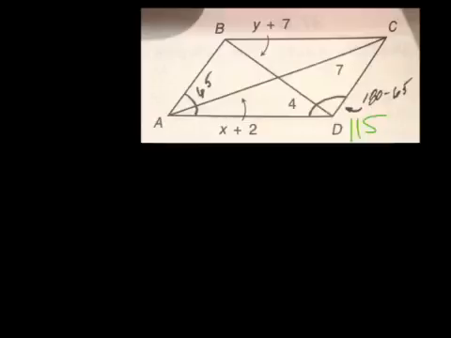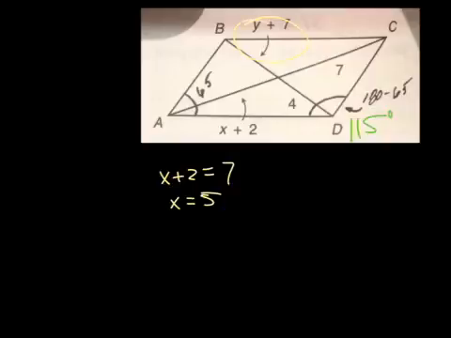Okay, now it's asking us to find out what x and y are. Well, I know the length of this is 7, and if this line is bisected by this, then this length here is also going to be 7. So x plus 2 is also equal to 7, so x equals 5.